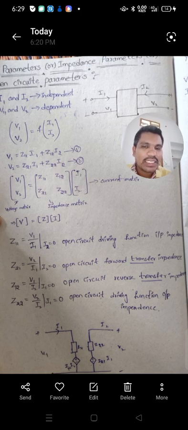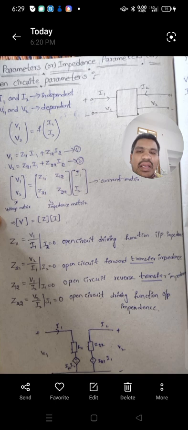That means Z11 is equal to V1 upon I1 when I2 is equal to 0.